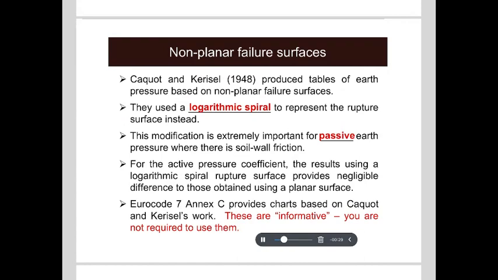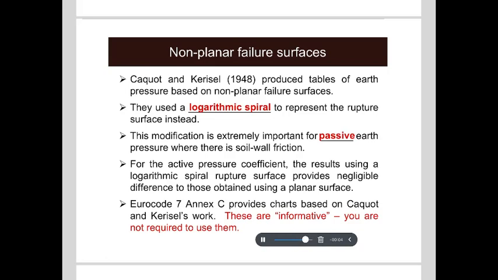They assume a logarithmic spiral to represent the rupture surface. This improvement is very important for the passive earth pressure where there is soil-wall friction. However, for the active pressure coefficient, the result obtained using these logarithmic spiral ruptures provides a negligible difference to those obtained using a planar surface, as in the Rankine and Coulomb methods.